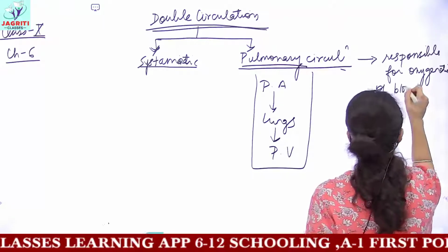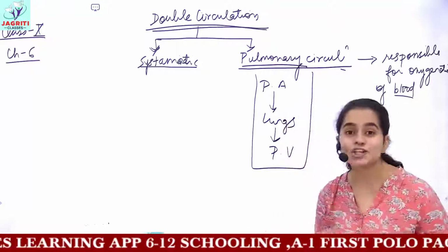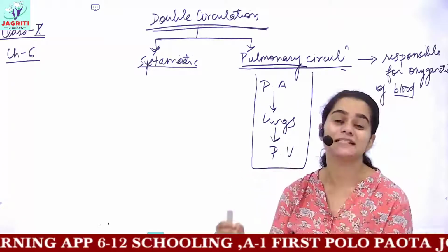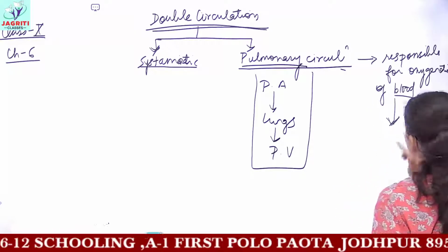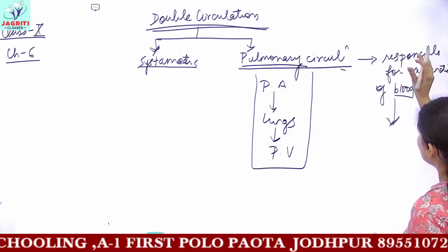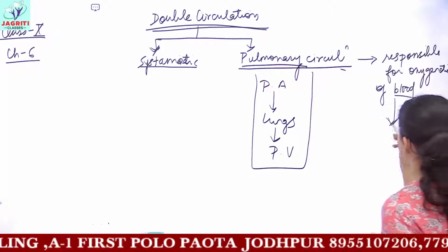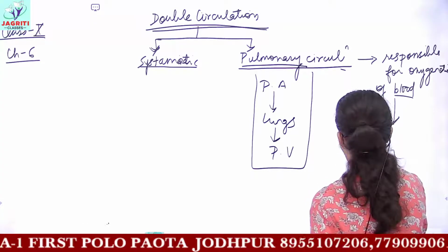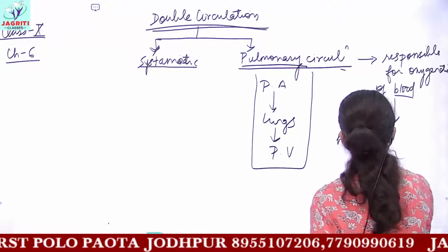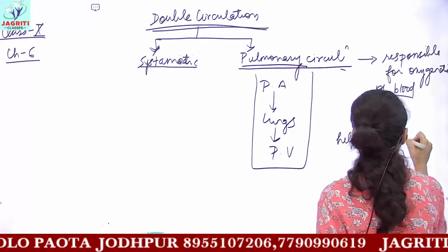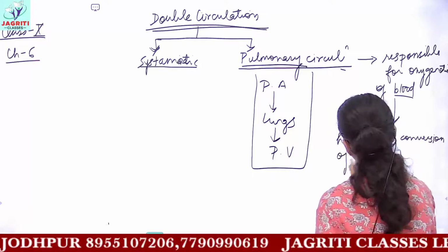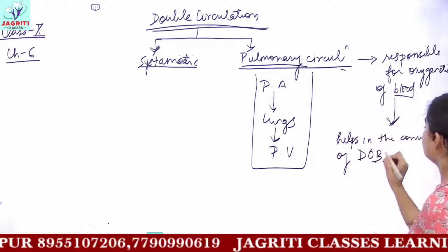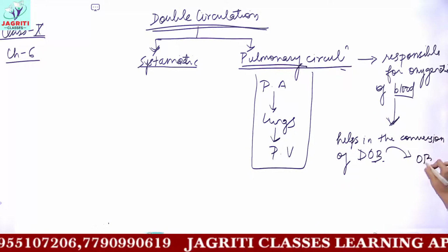Oxygenation means addition of oxygen or mixing oxygen into the blood. And you can also say that pulmonary circulation helps in the conversion of deoxygenated blood into its oxygenated form.